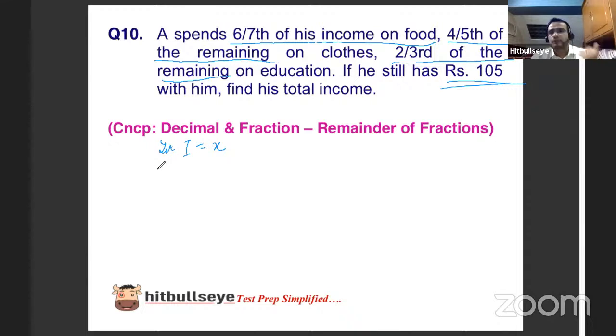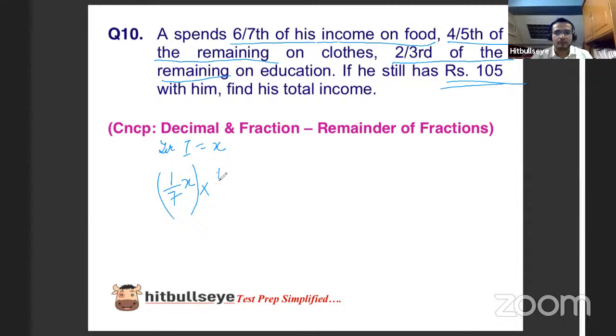So what I look for is what is the remaining income he is having every single time. If he spends 6/7 of his income on food, what is the income he's left with? 1/7 of the X is the income he's left with after spending on food. Now, this is what is remaining. Then he's saying 4/5 of the remaining on clothes. 4/5 he's spending.